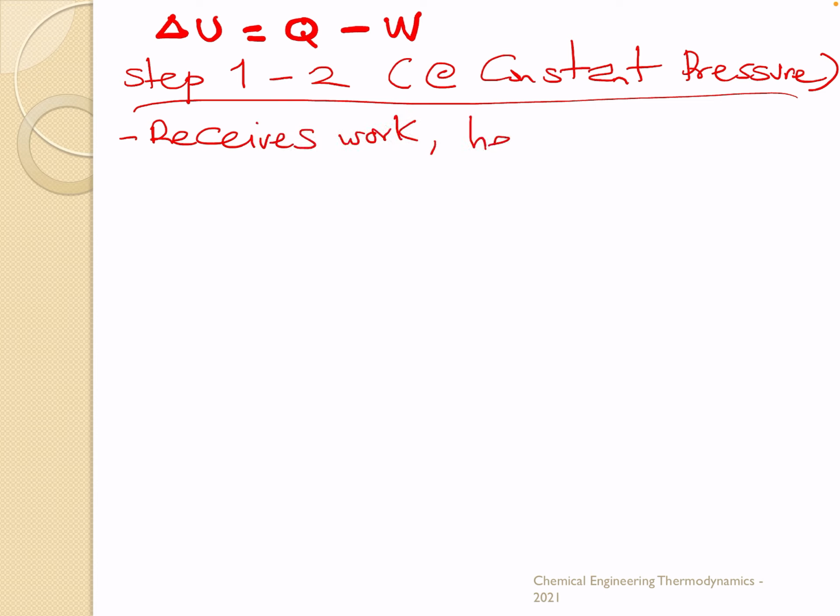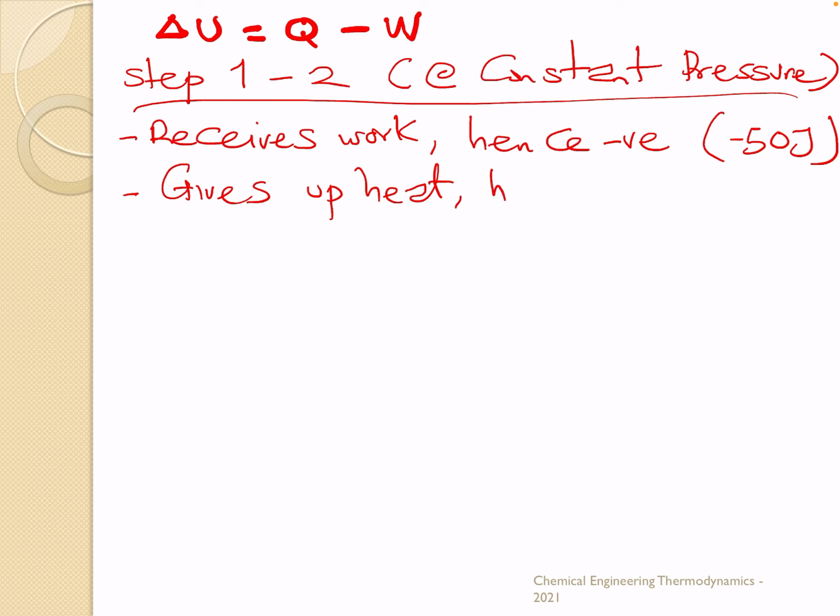Hence, the value of work we've been given, 50, will be negative: minus 50 joules. And it also says it gives up heat. What does that tell us? Hence Q will also be negative: minus 25 joules. Both are in the same units.